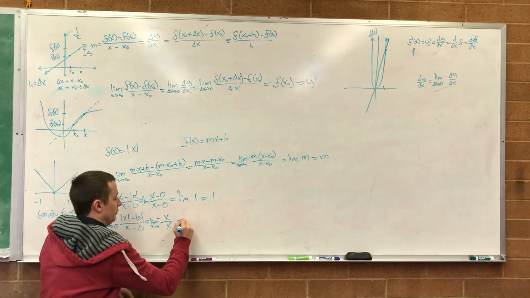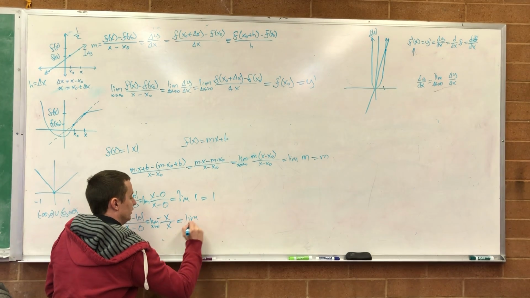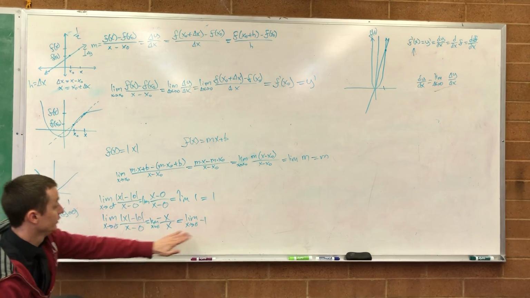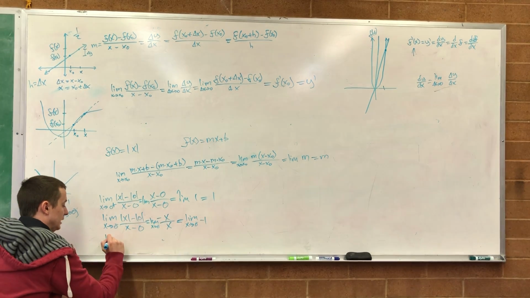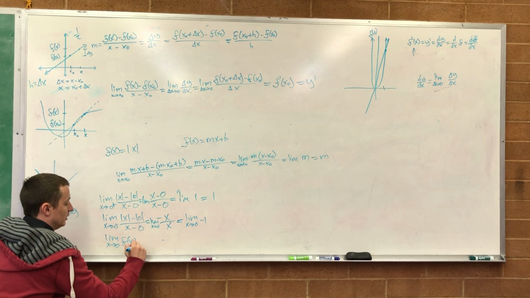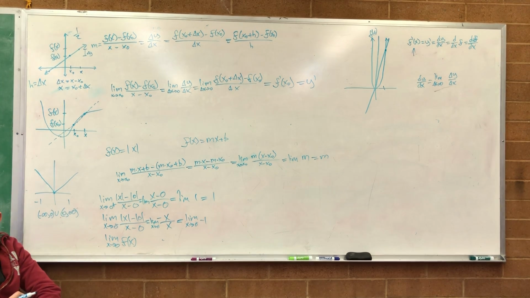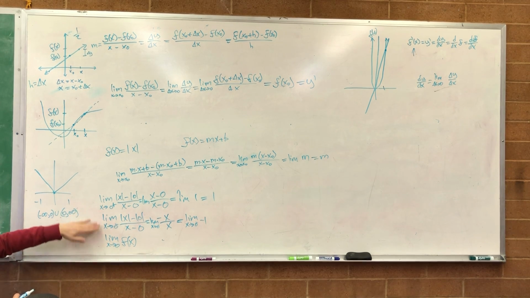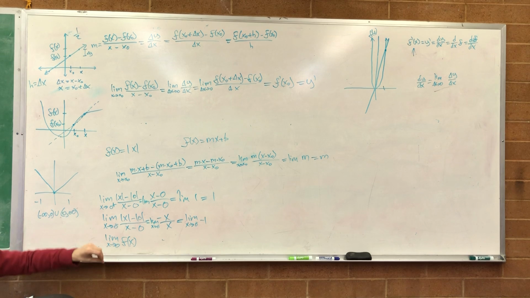Those cancel out, leaving me with negative 1, which is not the same as the first. So the limit as x approaches 0 of f of x does not exist, because its left-hand limit and right-hand limit were two different values.